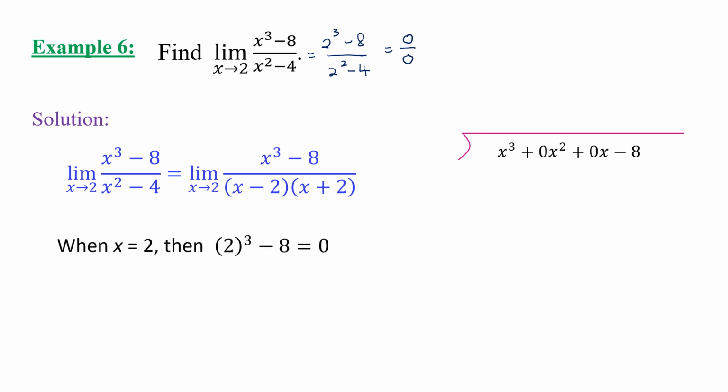First of all, we choose the first factor, which is x minus 2. We substitute x equal to 2 and we get 0. It means that x minus 2 is a factor of x cubed minus 8. So by using x minus 2 as a factor of x cubed minus 8, we can perform the long division.